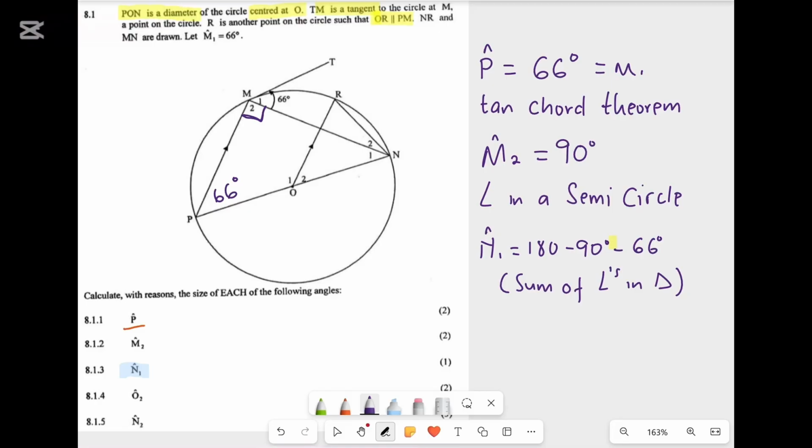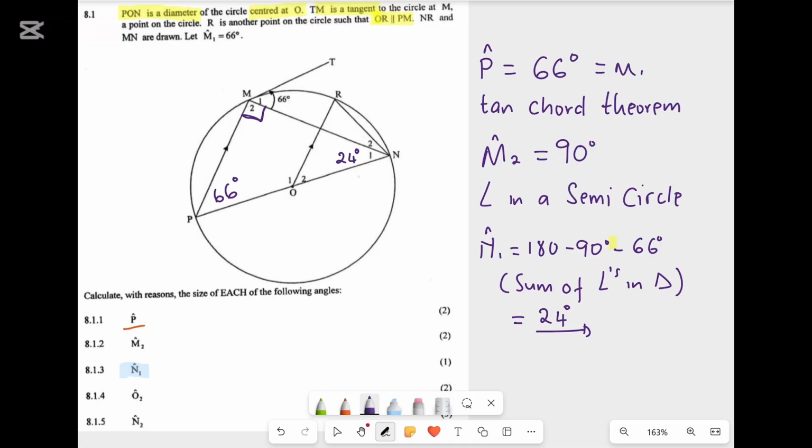Now 180 minus 90 minus 66 will give us N1 as 24 degrees. So let's write that 24 there. So our N1 is 24 degrees.